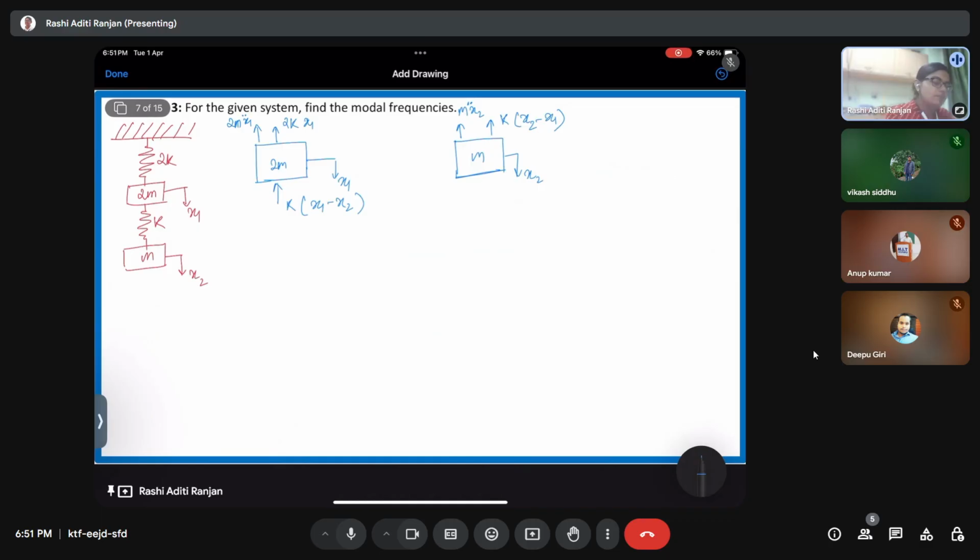We have made the free body diagram. Now when we balance the force, we are going to get the equation. So the first equation is going to be, this will give me 2m x1 double dot plus 3k x1 minus k x2.